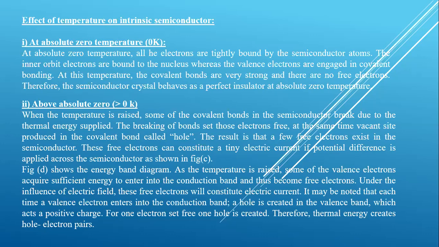The inner orbital electrons are bound to the nucleus, whereas the valency electrons are engaged in covalent bonding. At this temperature the covalent bonds are very strong, and there are no free electrons. Therefore, the semiconductor crystal behaves as a perfect insulator at absolute temperature.